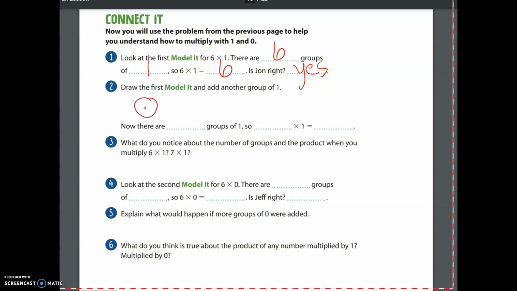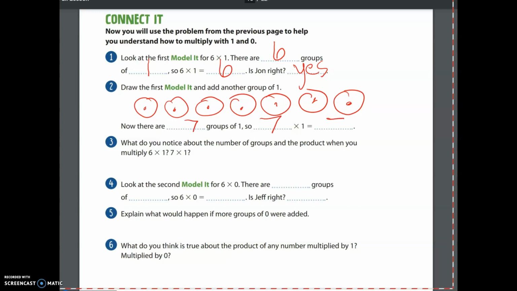So we have 1, 2, 3, 4, 5, 6. So this matches the first model, but it wants one more group of 1. So now I have 7 groups of 1. So 7 times 1 would be 7 because I have one more group, so I have one more object.